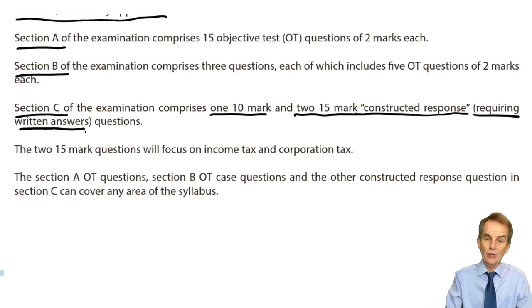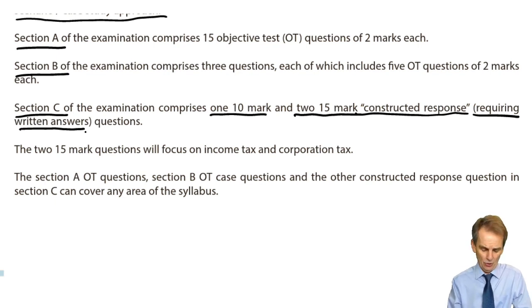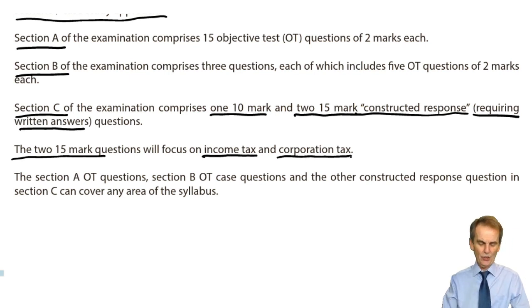It will be a mix of still mostly computational, but some written work as well. Now, the thing that we are told about in terms of these 2 questions, as this note says here, is that those 2 15-mark questions will focus on income tax and corporation tax.